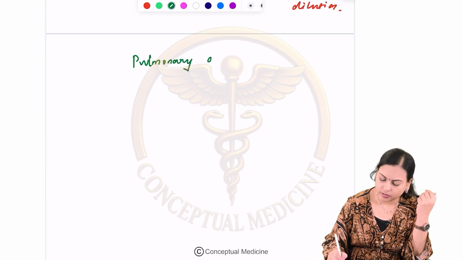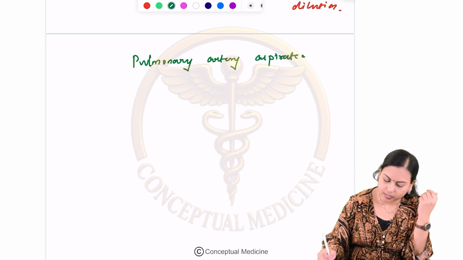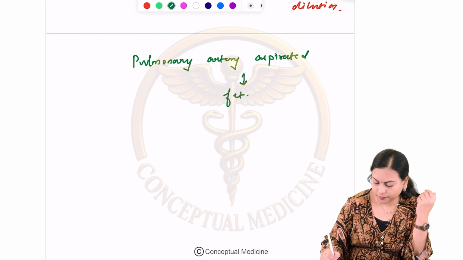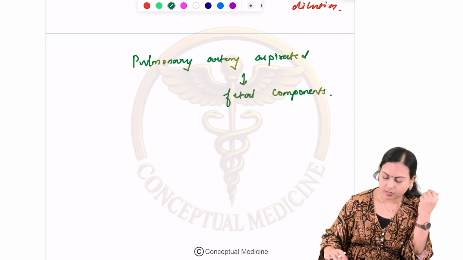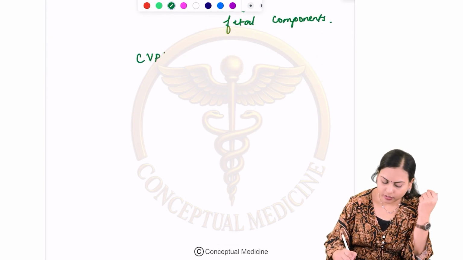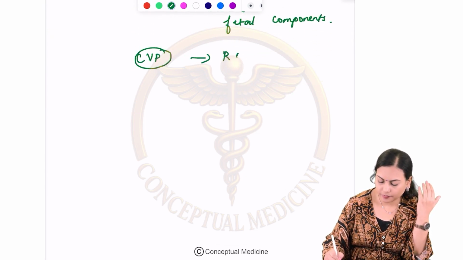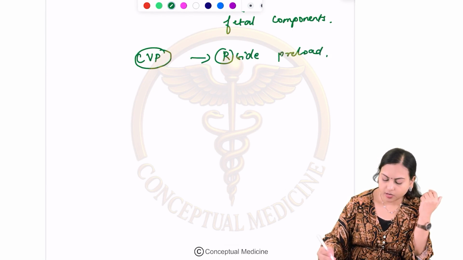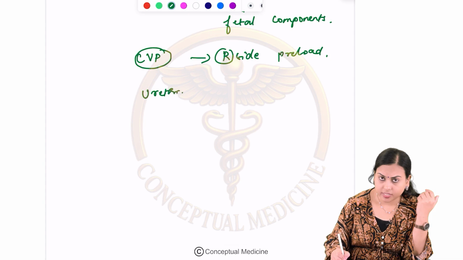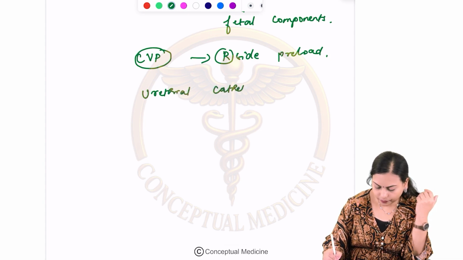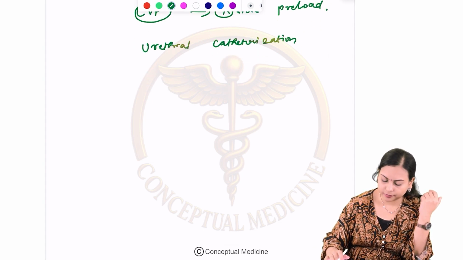Pulmonary artery contents can be aspirated and checked for fetal components. Central venous pressure helps in assessing the right-side preload. Urethral catheterization is needed to monitor the urine output.